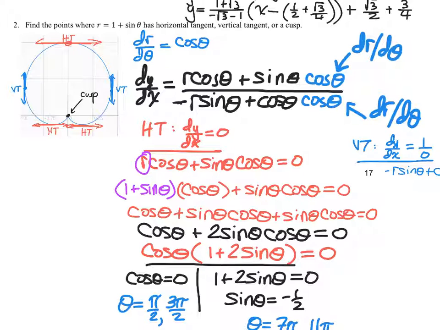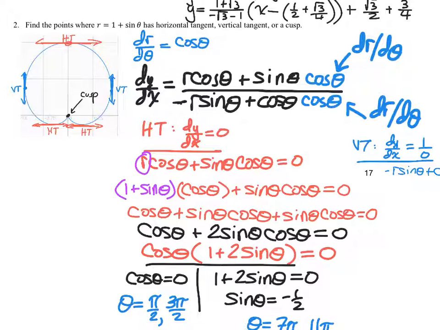Instead, because it would never be the vertical tangent, one of these values has to be the cusp. So if you go back to the original function, just figure out which one of these angles is going to make an R value equal to 0. The only way that would happen is if the sine of theta were a -1, because I already have a +1, add to it a -1, now it'll go to 0.